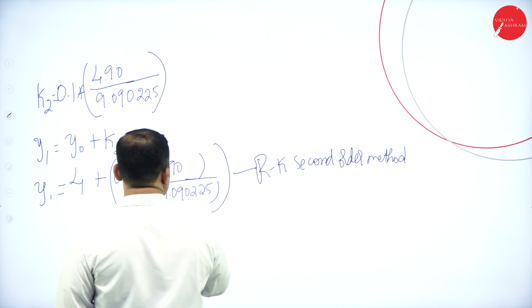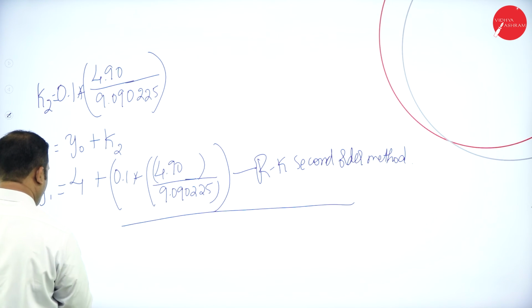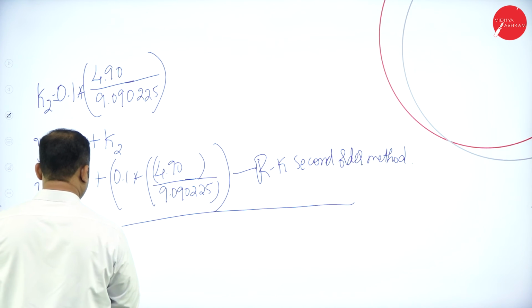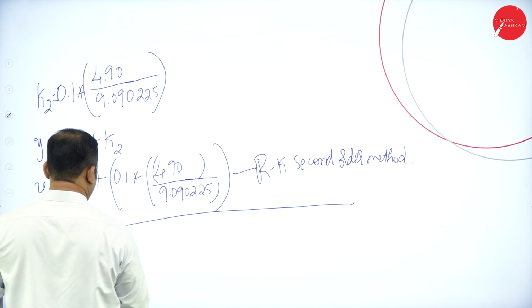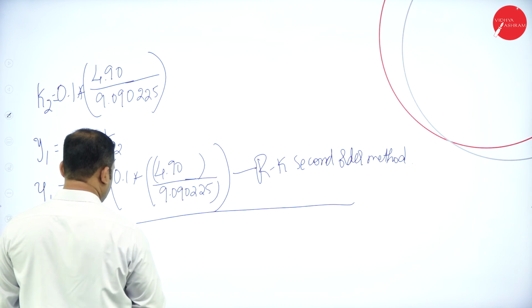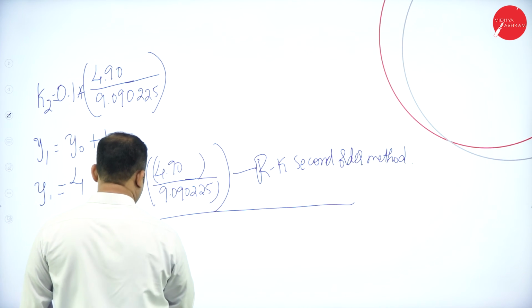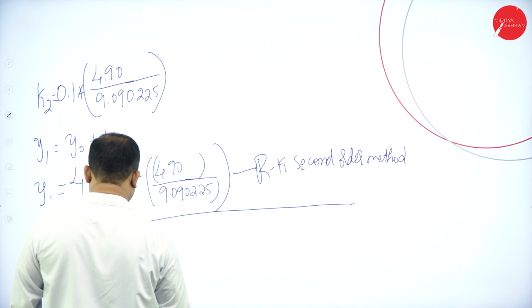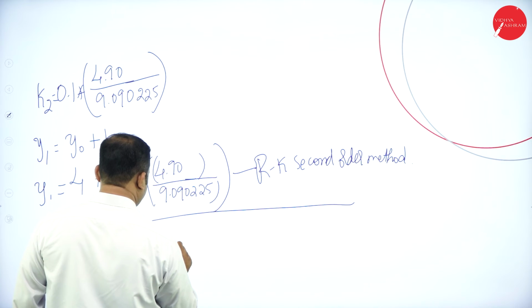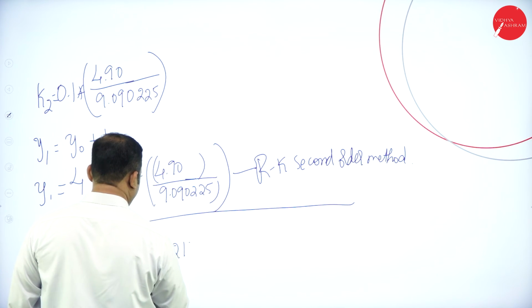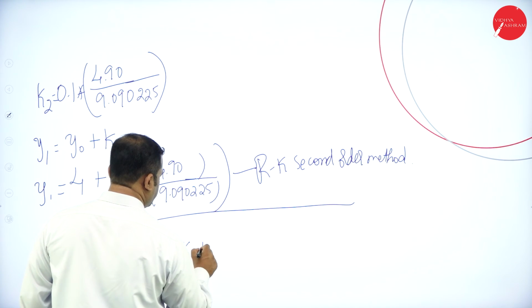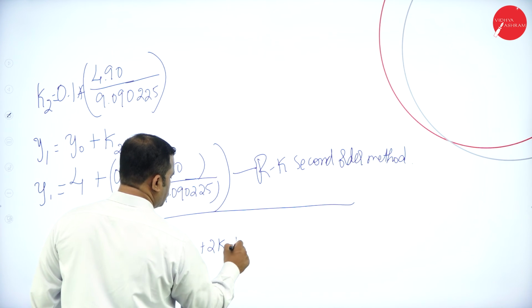Similarly, for the fourth order, y1 is equal to y0 plus 1 by 6 into k1 plus 2 times k2 plus 2 times k3 plus k4.